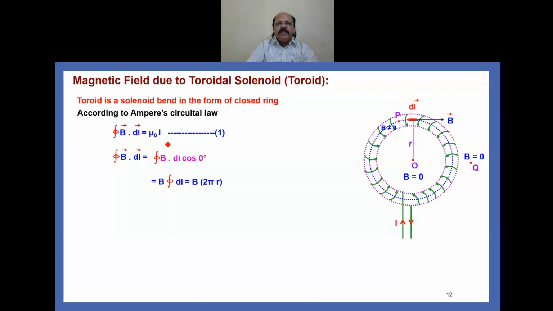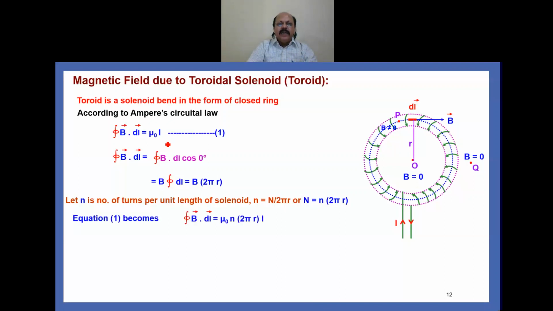Then closed integral B vector dot dl vector becomes B 2 pi r. Now if we say that small n is the number of turns per unit length of the solenoid, then small n equal to capital N upon 2 pi r. Then capital N equal to small n 2 pi r. Then we rewrite equation 1: closed integral B vector dot dl vector equal to mu naught n 2 pi r I. Substitute the value of closed integral B vector dot dl vector.